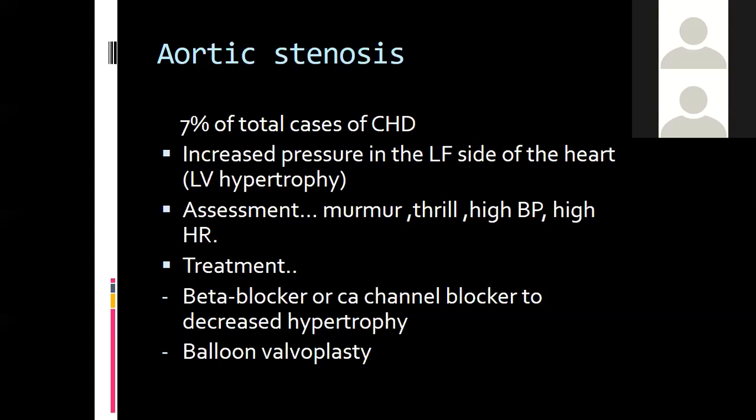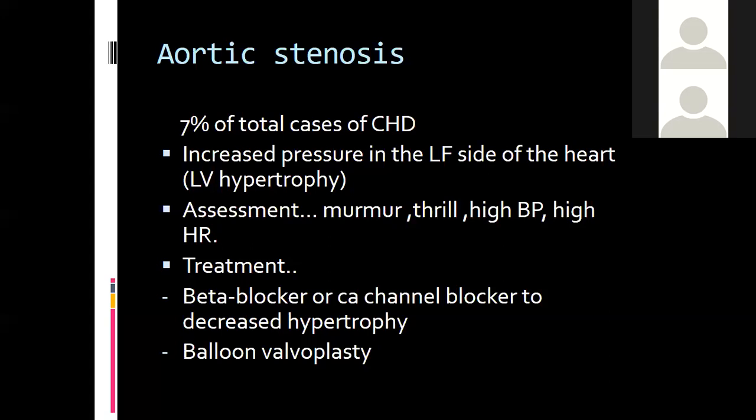Okay, left side of the heart, and they can show left ventricular hypertrophy. On assessment of the cases, we can find an abnormal heart sound, a murmur, and a thrill, and they also have high blood pressure and high heart rate in the case of aortic stenosis.